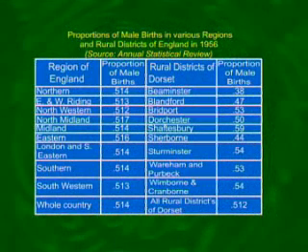If you have a look at the table once again, you notice that the proportion of male births for the entire country is 0.514, and the various proportions for the various regions of England do not deviate much from this overall proportion for the whole country.